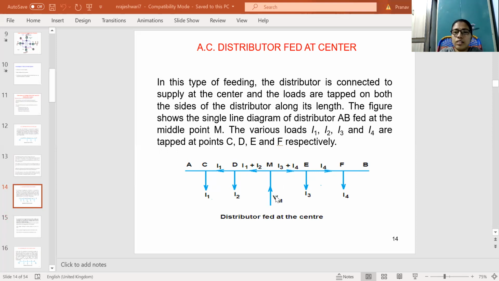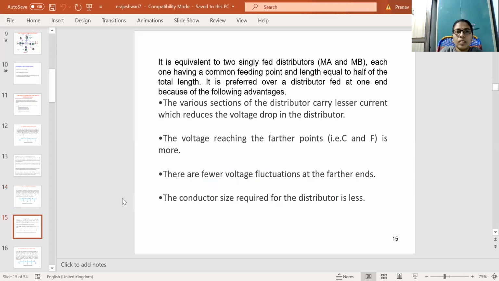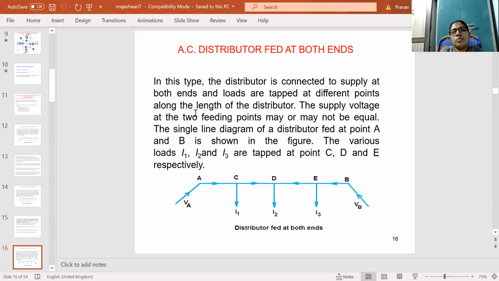So the distributor is fed at the center point M. This is about the AC distributor fed at center. And the next one is the AC distributor fed at both ends.